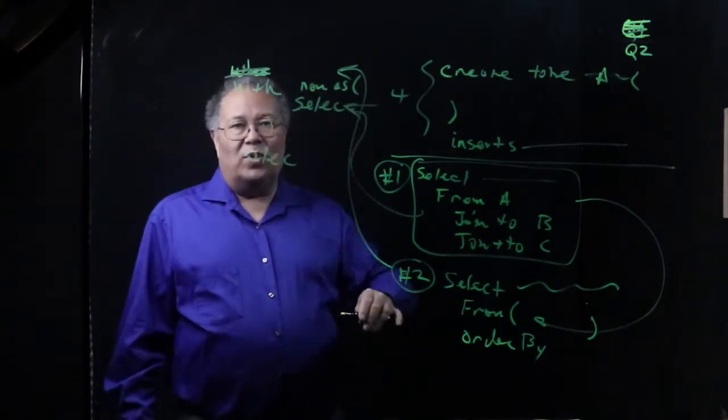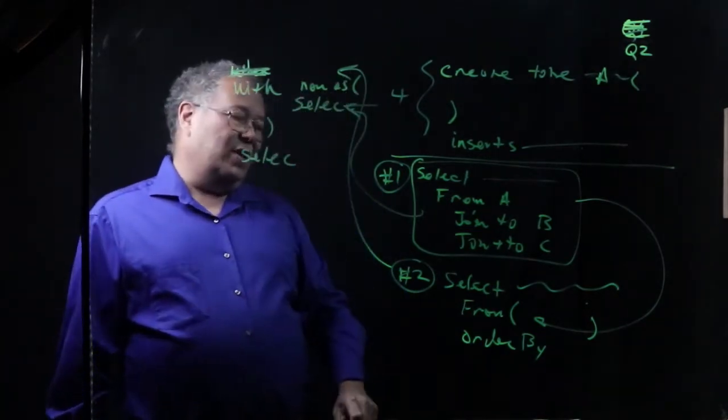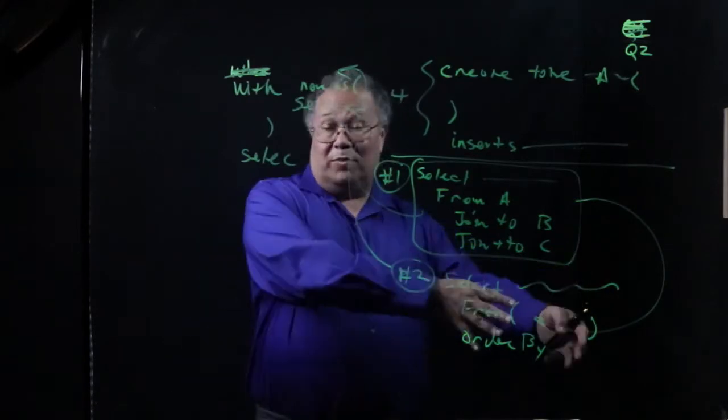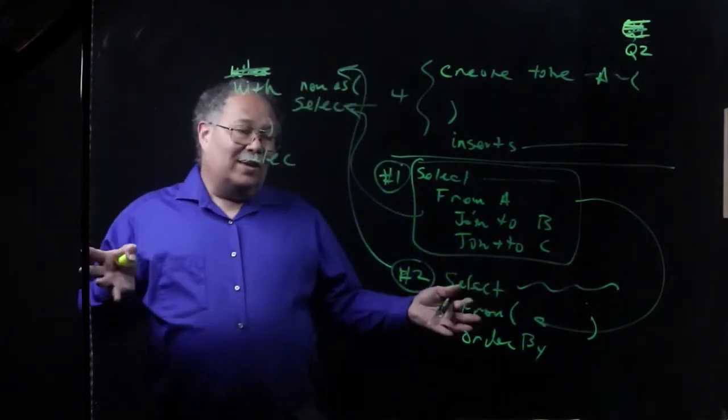So it's your choice as to whether or not you want to do it with in front of the select, or you want to do it select from with it buried inside the select. You pick, either one works.